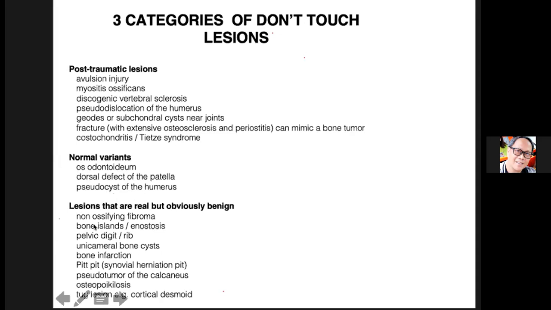Bone island is when there's focal sclerosis, and you see this most often with long bones, like for example the ribs. In my experience, I've seen most of these in the ribs. So you have to differentiate that from other lesions. But these are all benign lesions. Others include osteotuberculosis, pseudotumors, and bone infarction, when the bone becomes devitalized.